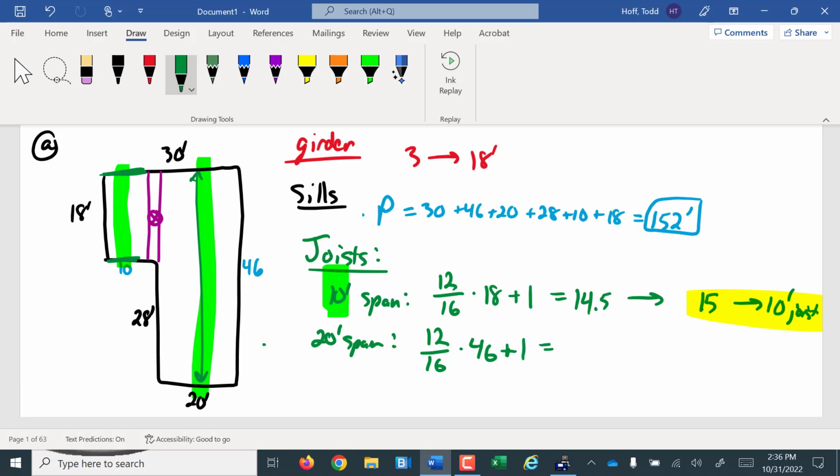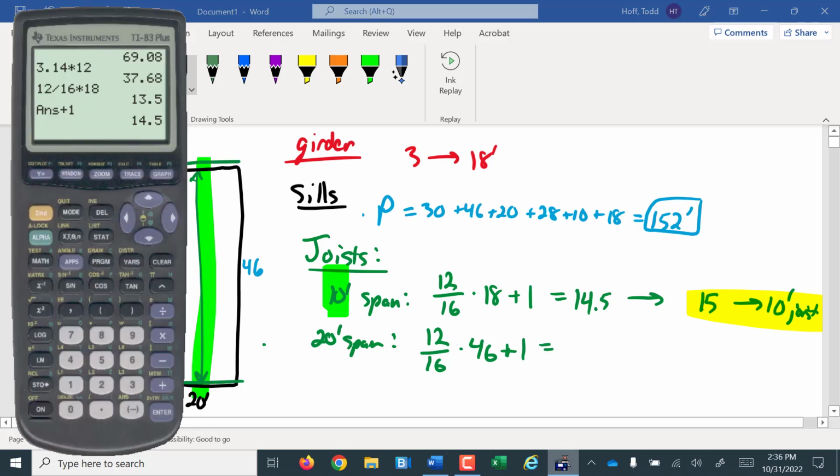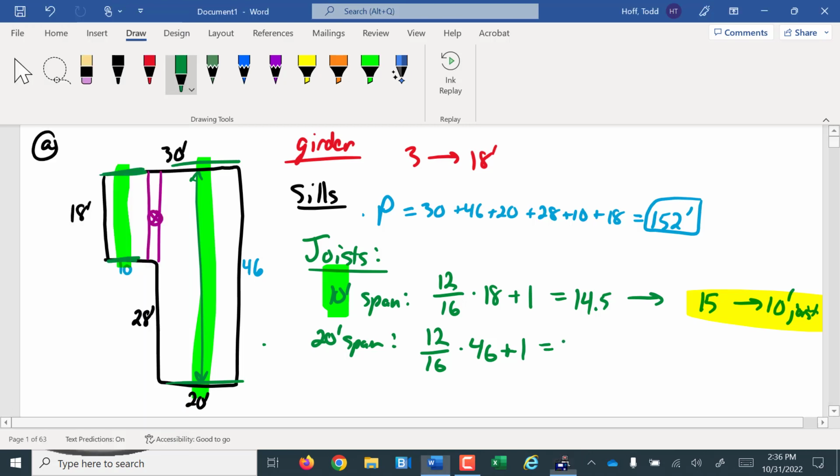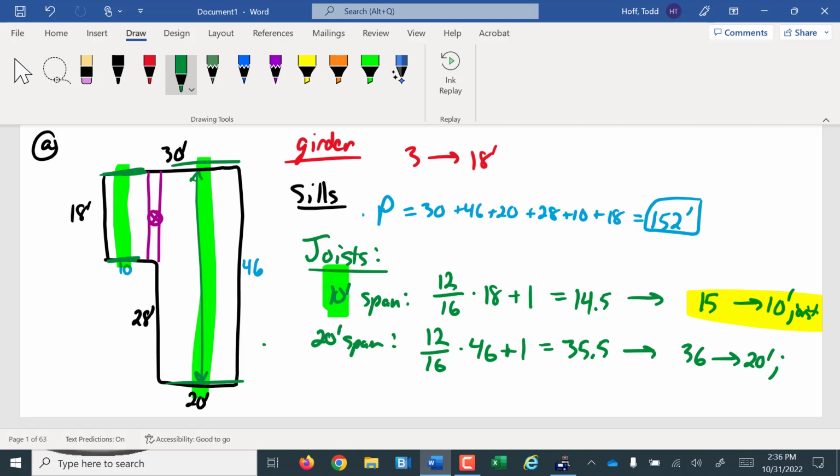It is plus 1, because again, we'll need 1 on each end. 46 is not modular either, so this is going to come out to a decimal, so we'll have to round it up. 12 divided by 16 times 46 is 34.5, plus 1 is 35.5. So that'll be 36 20-foot joists. So that's what we need for our joists.